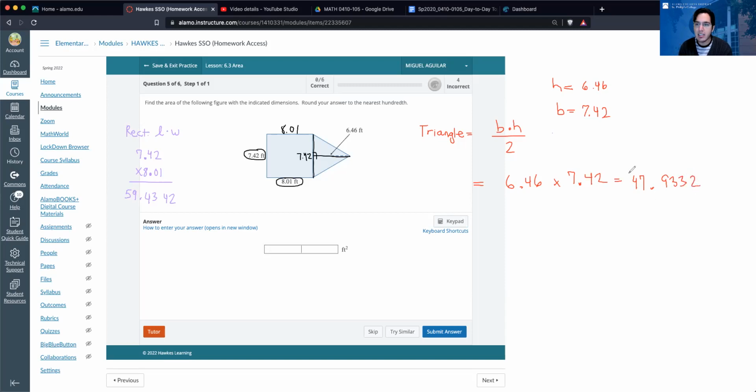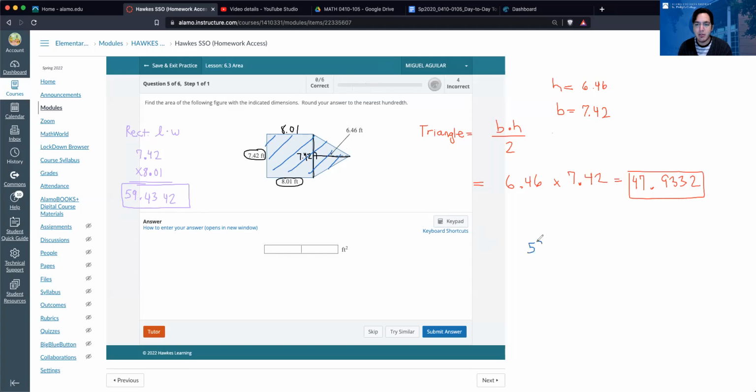Okay, so that is my area of the triangular part. And remember, we had this area of the rectangular part over here. Well, if we want the total area of this whole figure, we need to add or combine all of that together. So what we should do is just take those numbers and add them.